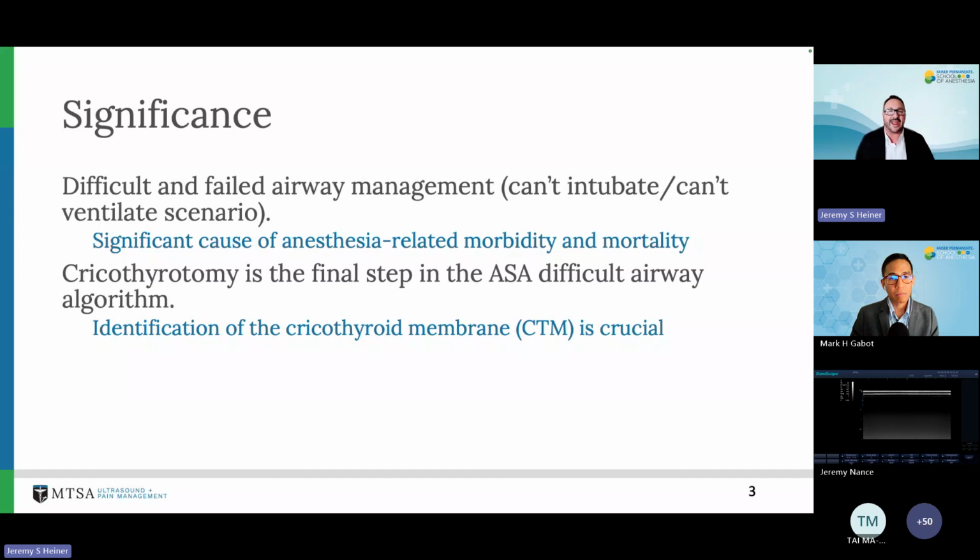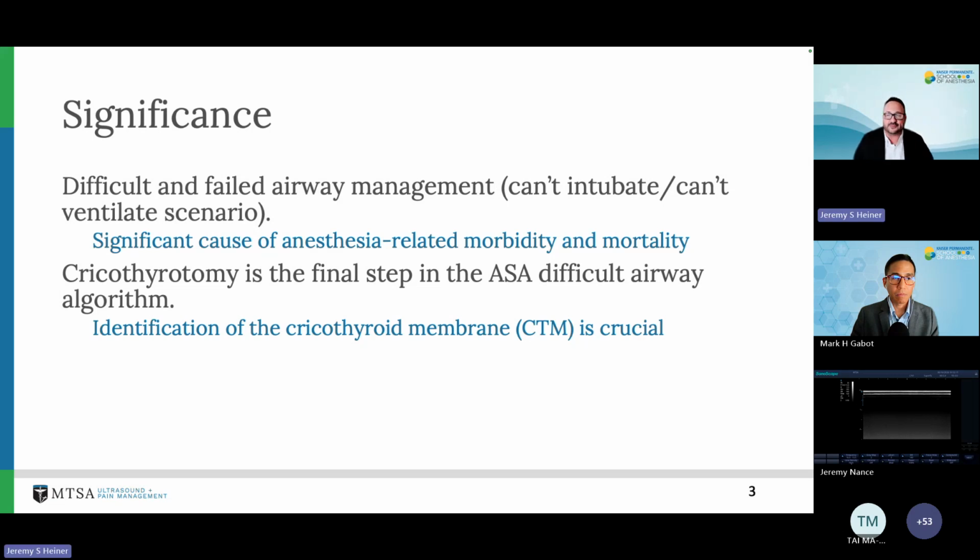No matter what airway algorithm you look at, whether it's the ASA difficult airway algorithm, whether it's the Difficult Airway Society difficult airway algorithm, look at any emergency checklist, look at the Stanford emergency manual, look at any other checklist, and you'll see that if you cannot intubate, and then most importantly, if you can't ventilate with a mask, or if you put a supraglottic airway in and are having difficulty or the inability to ventilate with that, you got to go to the neck.